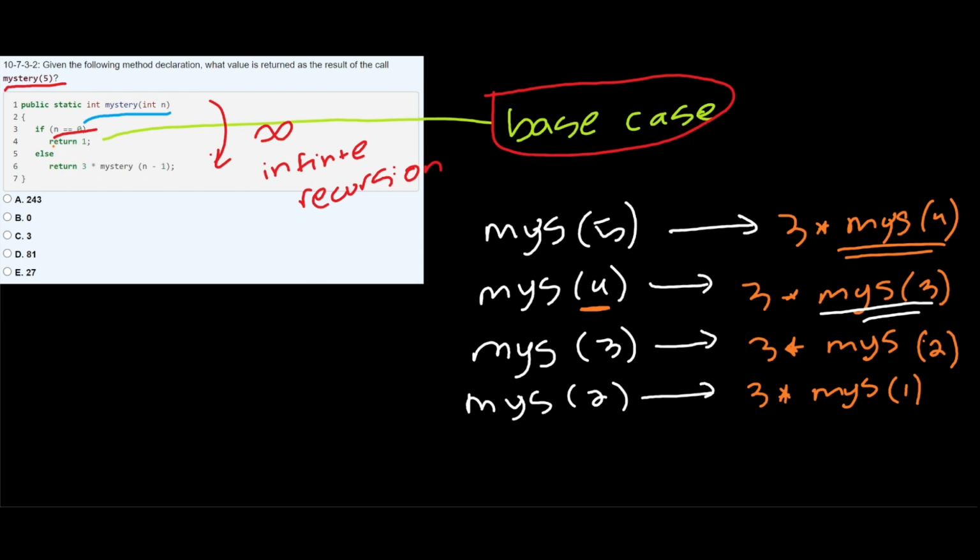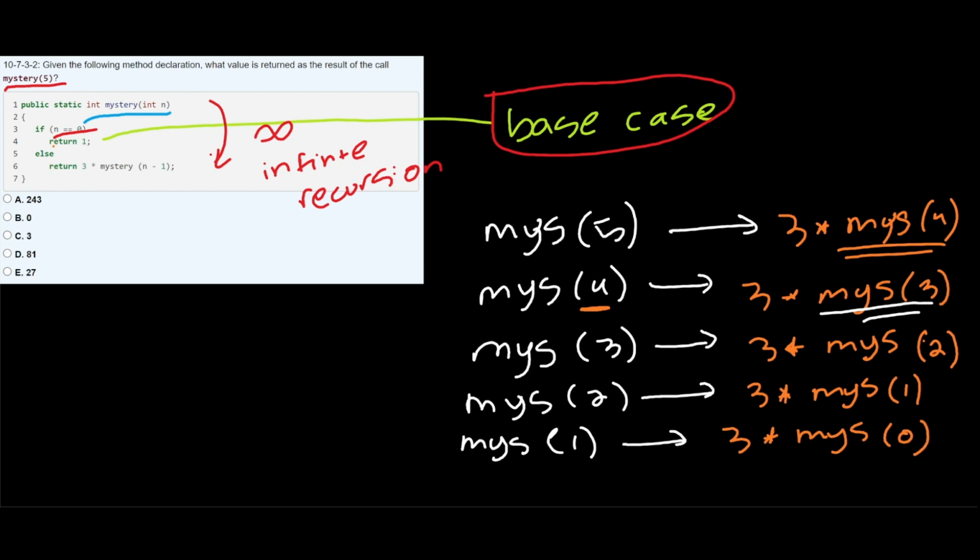So we're going to keep going, because we're currently at mystery 1, and 1 does not yet satisfy that. Mystery 1, if you plug it in, n is currently 1, which does not equal 0, so we're going to go 3 times mystery, and then 1 minus 1 is 0. Okay, so we got to mystery 0 now.